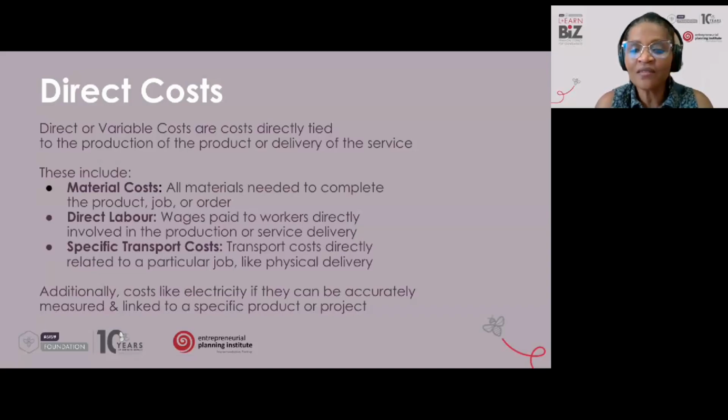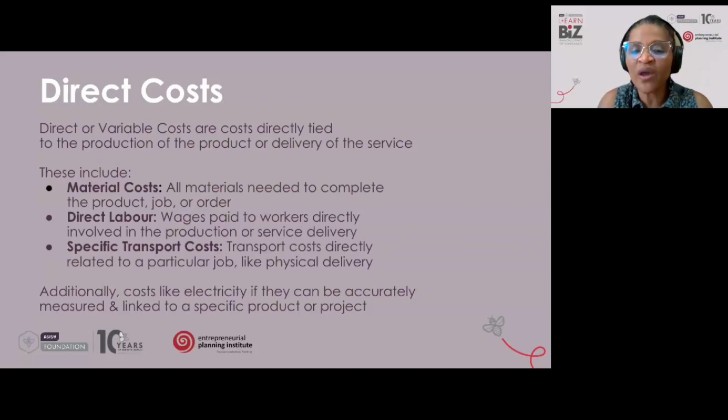In the direct costs, we look at materials, the direct things that go into making the product or making the job doable. If you are an artisan, your step ladder and your plumbing journey, all those things become your direct costs.